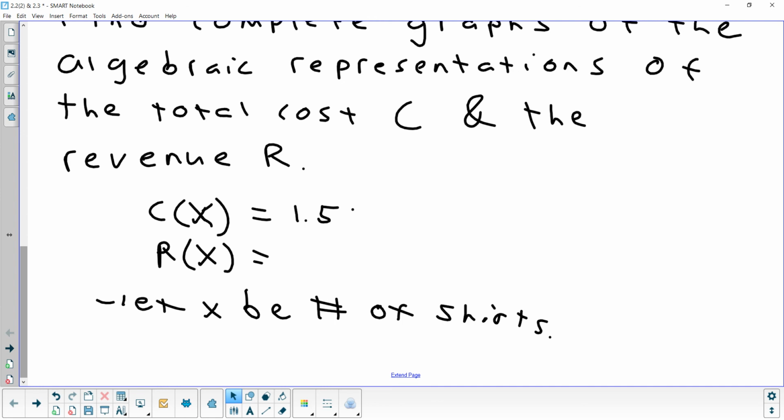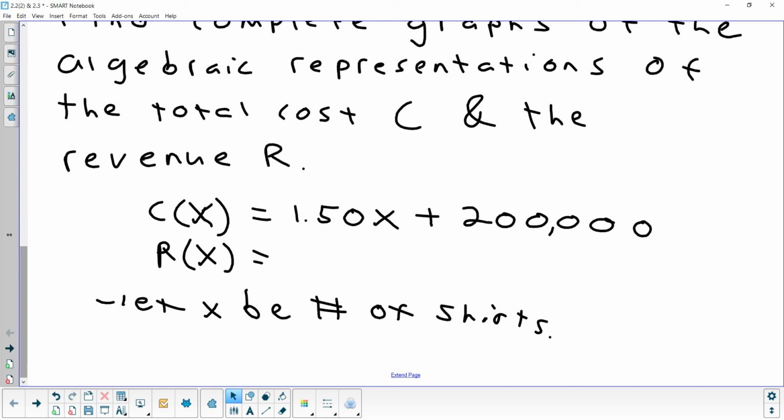Yep, so we're going to do 1.5x. So there's the cost per shirt plus, Francesca, what was our fixed cost that doesn't change? 200,000. Yeah, 200,000. So there's an equation that represents your cost.